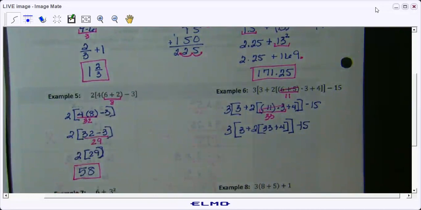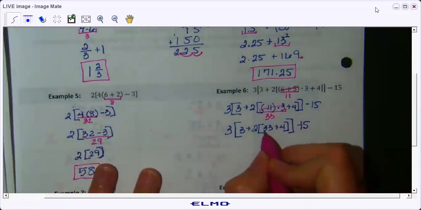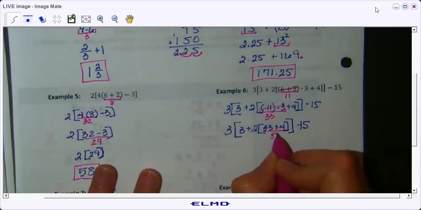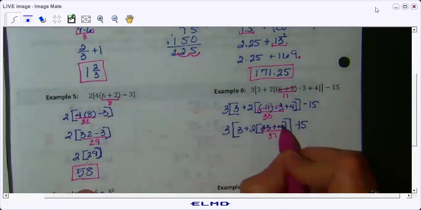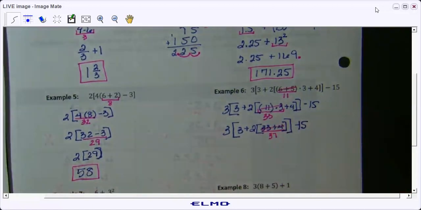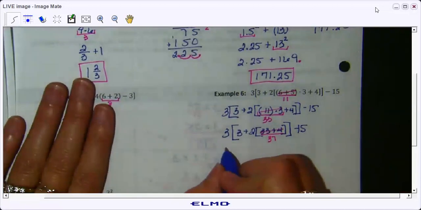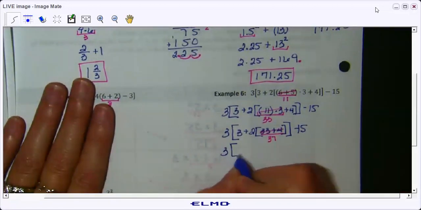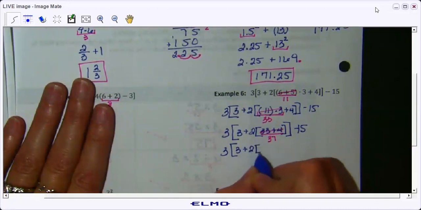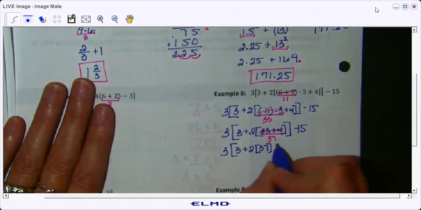Okay. I go back in, and my innermost bracket is 33 plus 4, which is 37. Cross off what I solved, and I'm going to rewrite again. So I have 3, start a big bracket, 3 plus 2, little bracket, 37. And that's a 2 times a 37. In my big bracket, minus 15.